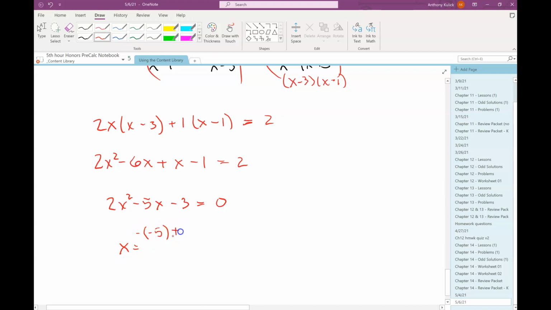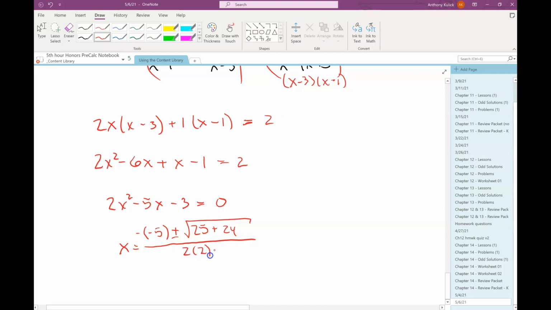So let's see, negative b plus or minus the square root. Negative b squared is 25. And then 4 times 2 times negative 3 is negative 48. So minus a negative 48 is plus 48. I'm sorry, that should be 24. An extra 2 in there or something.